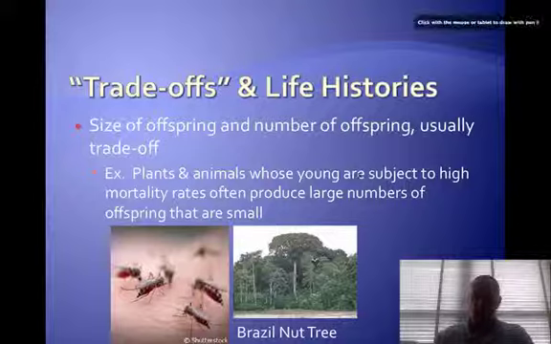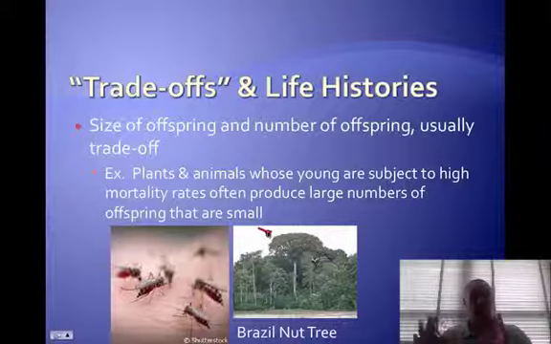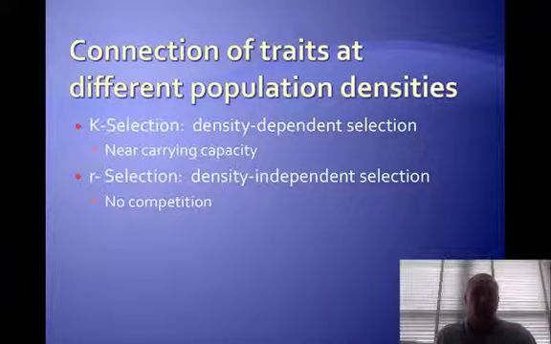You can see it right here. The Brazil nut tree packs a lot of nutrients into its seed, so it gives its plant a head start amongst all the rest. So it's able to grow larger and bigger than the rest. So there are trade-offs depending on what life history pattern you choose or you're chosen.